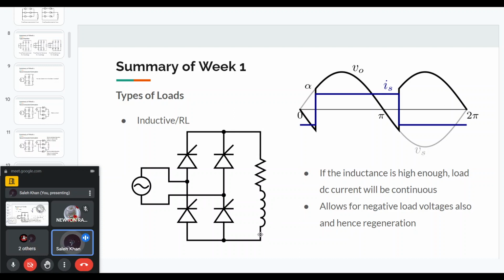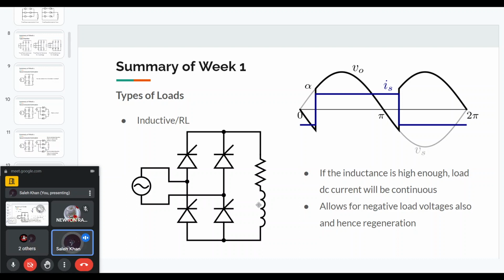But in this case, if the current is flowing from bottom to top, it has to go through some of the thyristors. But the thyristor will not allow a negative current. The thyristor will not allow a current from cathode to anode. So that is why for all these circuits that we have seen, we cannot have a negative load current. The load current can only go from top to bottom. It cannot be from bottom to top.